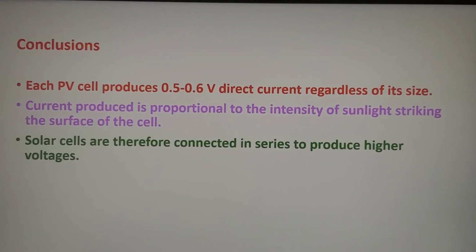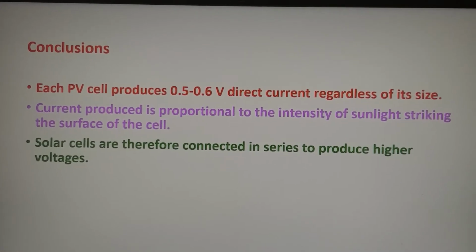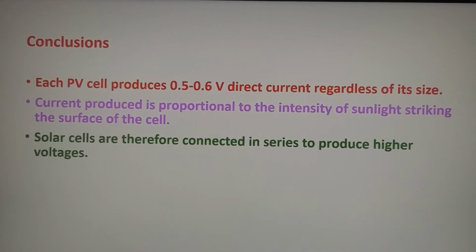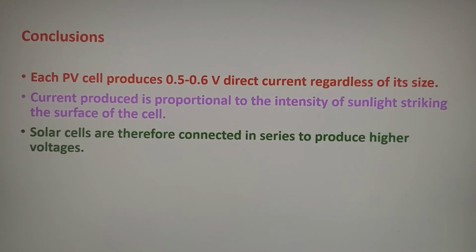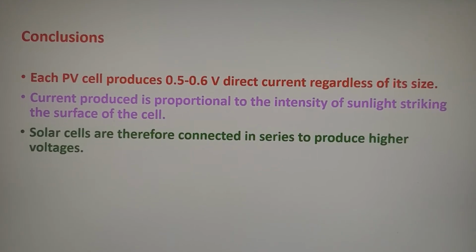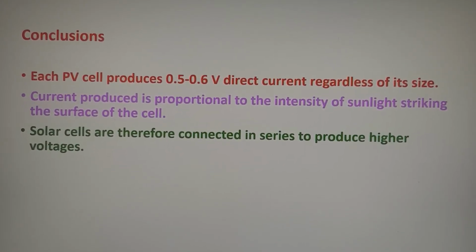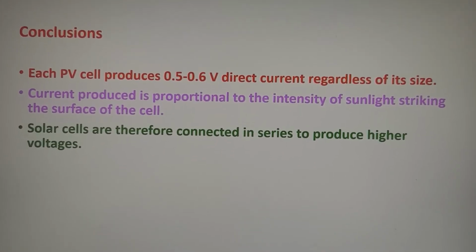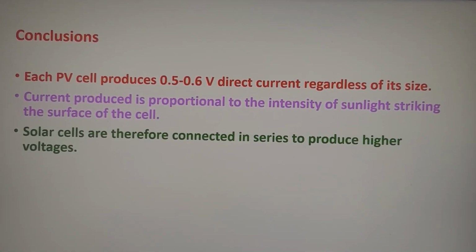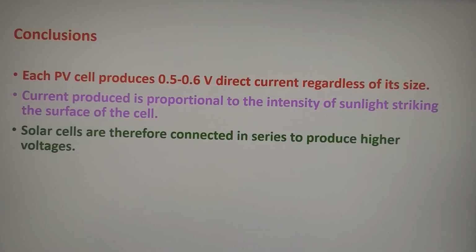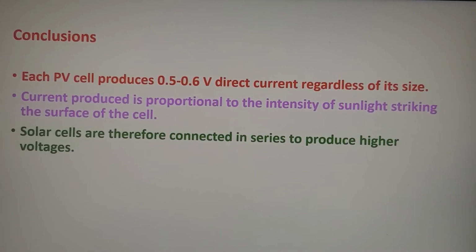We can draw the conclusion that each photovoltaic cell can produce around 0.5 to 0.6 volts regardless of its size. That means the voltage which is produced does not depend upon the size of the cell.